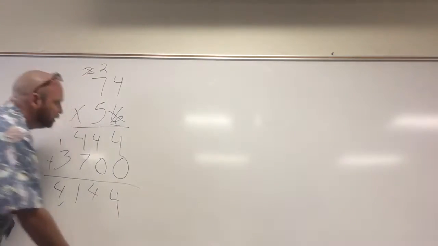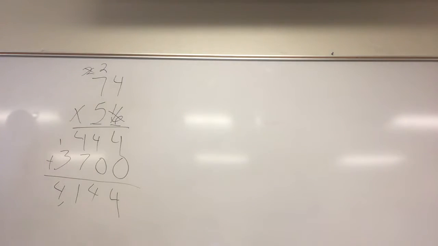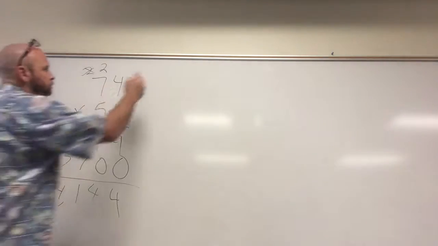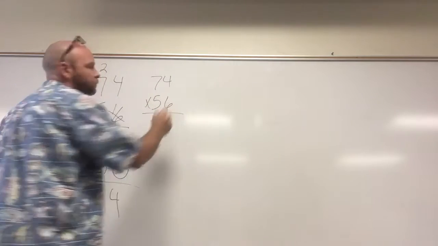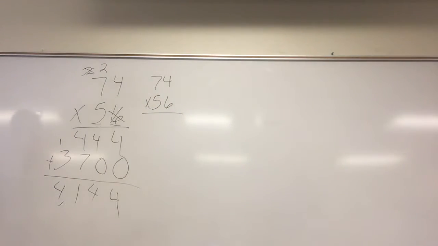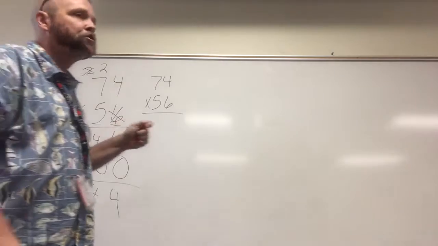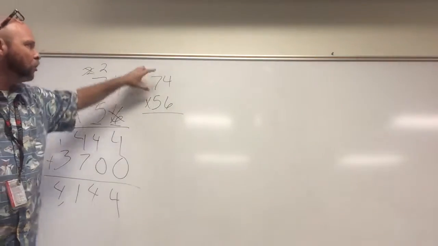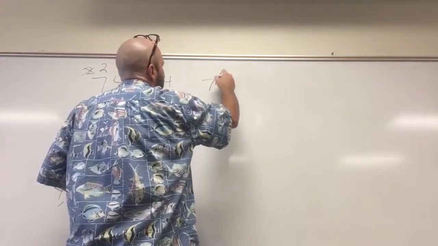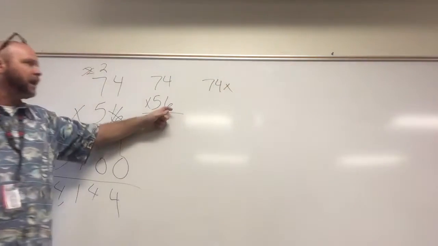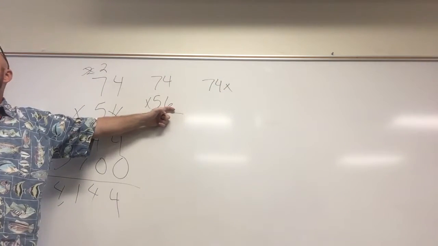Now, let me show you what you just did, but it may be an easier way for you to do this problem. So here's the same problem written again. What you just did is you multiplied our top factor of 74 by our ones place. What number's in the ones place? 6.